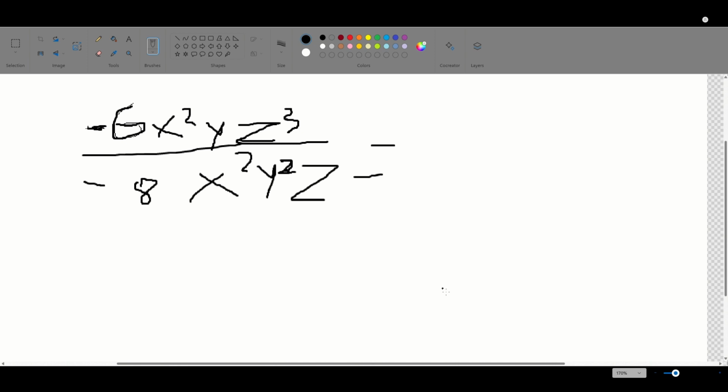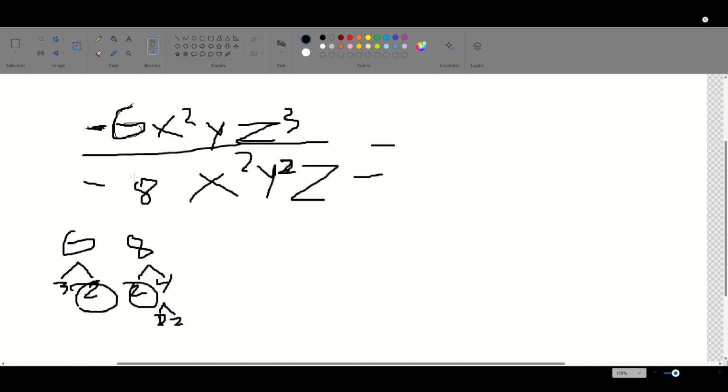So what we're gonna want to do is reduce it. So we gotta find the common factor of 6 and 8, and this is really easy. 6, there's 3 and 2, 8, 2, 4, and 2. So what we really could do is we just simplify it, and the common factor is 2.